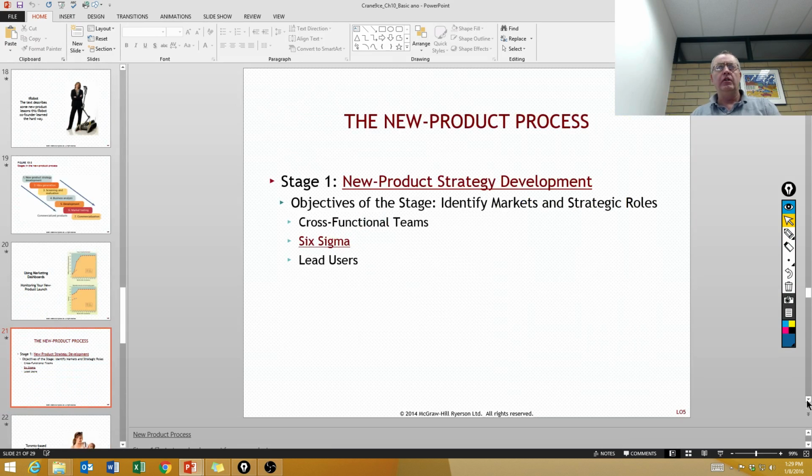Okay, so the new product strategy development stage is a way for companies to impose some structure on the new product development process. At this stage, the company might say, we're looking for simply an incremental improvement.